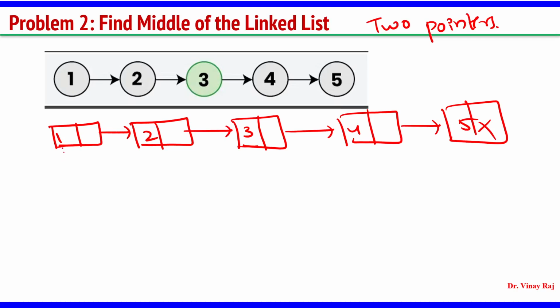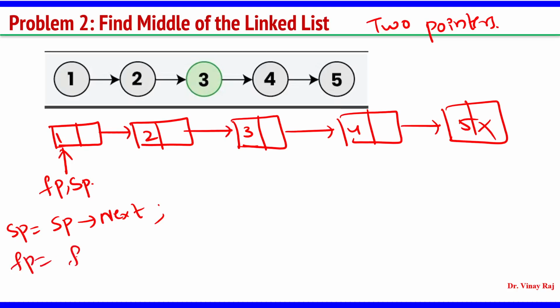So, let us take two pointers here, FP and slow pointer, fast and slow. Same approach. What is the logic here? Slow pointer will move one step, slow equals slow next, and fast pointer will move two steps, fast equals fast next next.